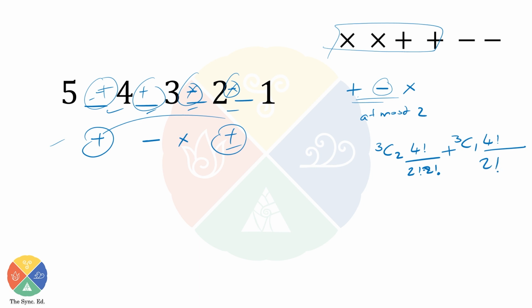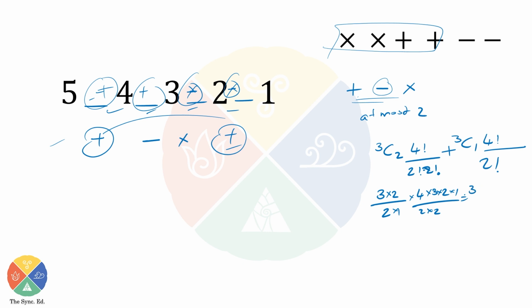solve this, 3C2, what is 3C2? 3 into 2 by 2 factorial into 4 into 3 into 2 into 1 by 2 into 2. 2 factorial is simply 2.